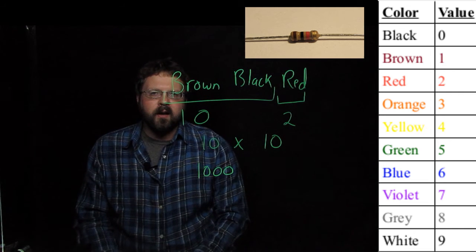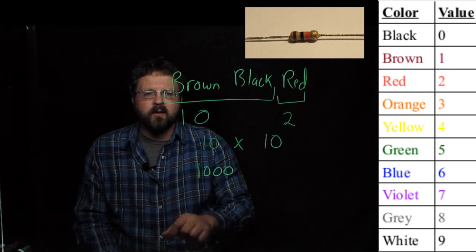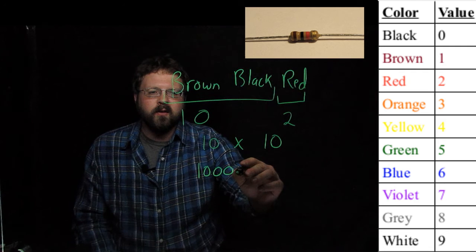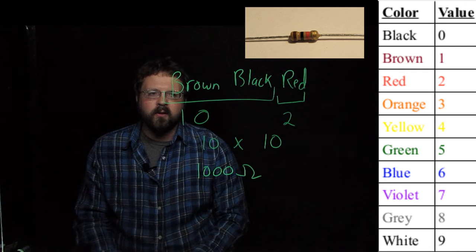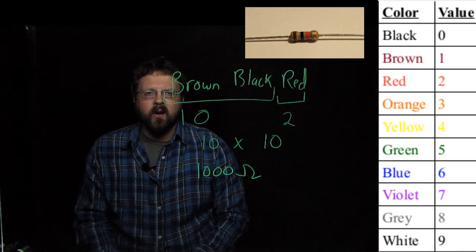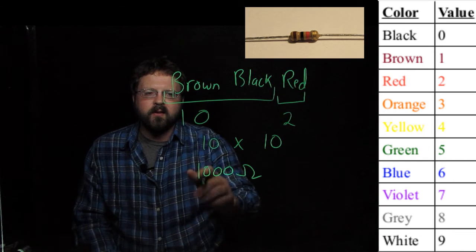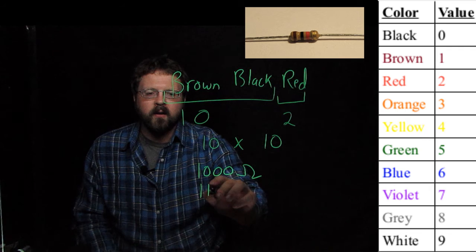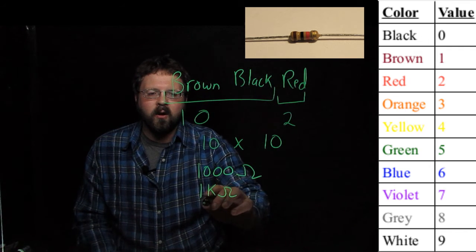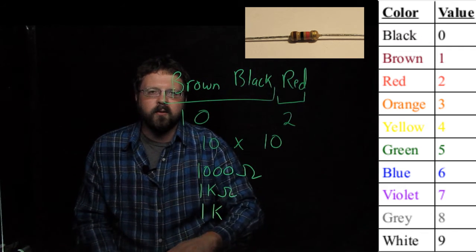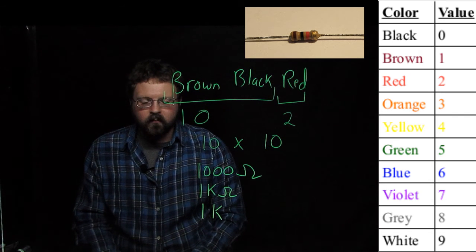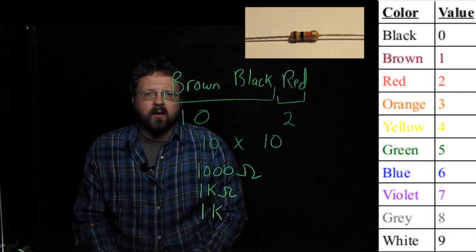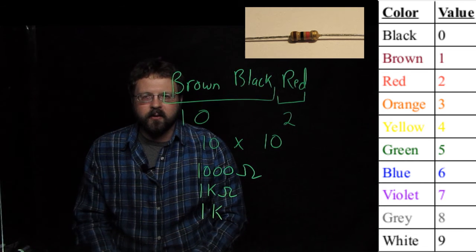So this resistor has a value of 1,000, and the units of resistance are ohms, so this has 1,000 ohms of resistance. Now another way you'll typically see this, instead of 1,000, it might be 1 kiloohm, or sometimes referred to as a 1K resistor. So that's the brown resistors, or the 3-color code resistors.